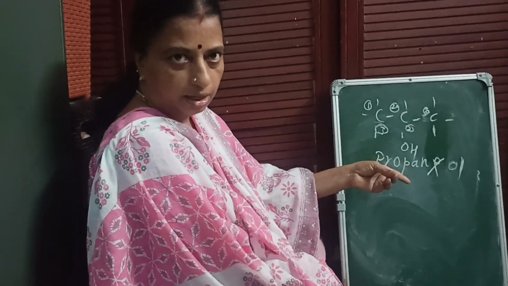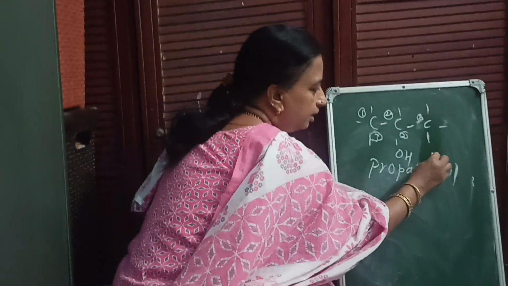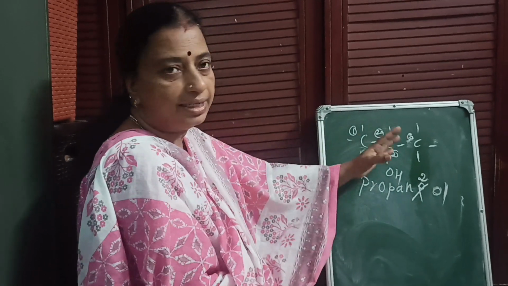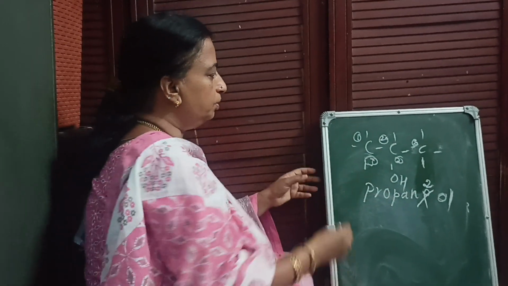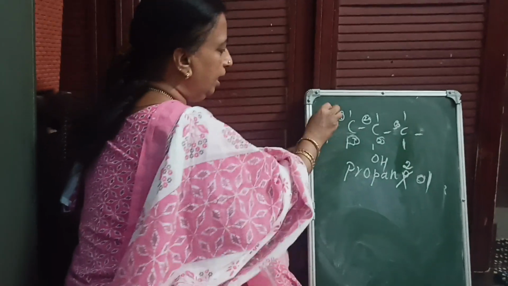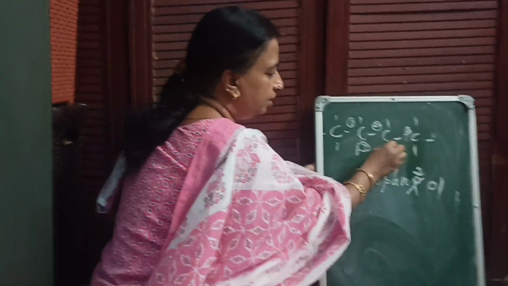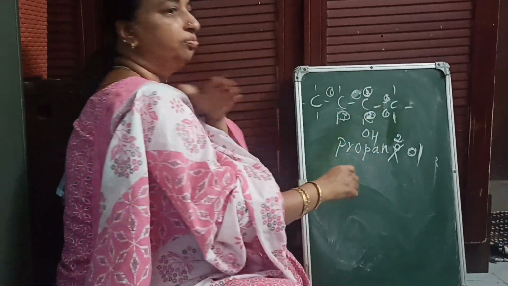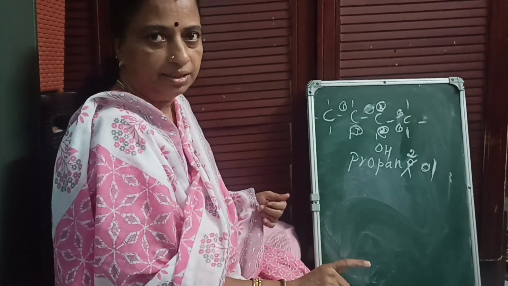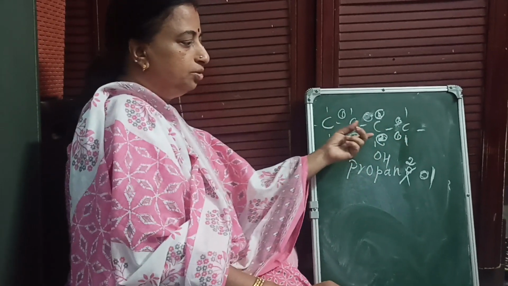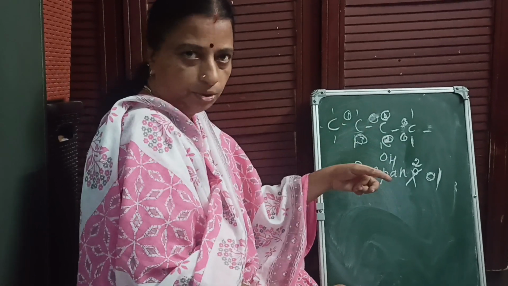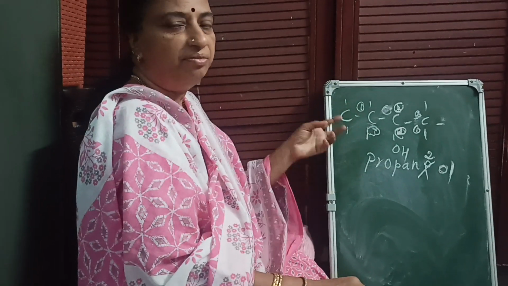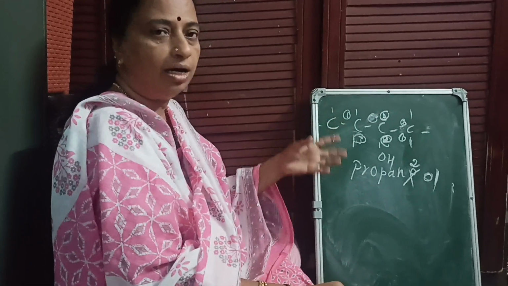So propanol, and we mention the position of the alcohol, 2. So propan-2-ol. Now they will get a clear idea how to give the name. Suppose you add one more C here, and you ask them to count 1, 2, 3: from here the third position will come, from the other side the second position. We ask which one they will select. They will say 2 is the lowest number, so we select 2. So butan-2-ol. This is the way we have to start teaching them the IUPAC names.